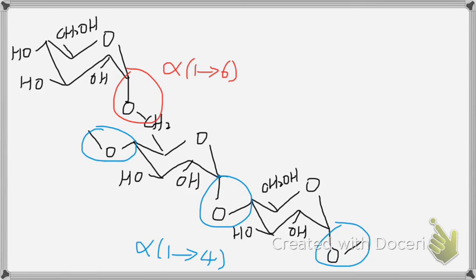And I leave the 2 ends of the bottom 2 structures open, meaning they can link to other glucose units to form the chain. Okay, but this is the basic for a starch.